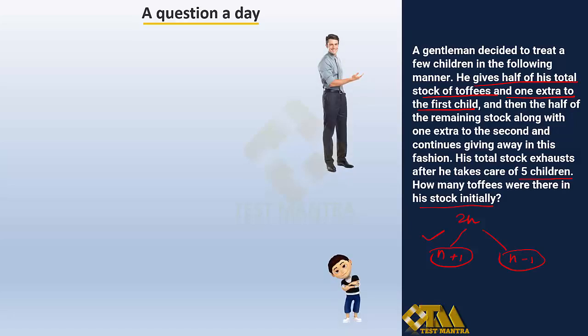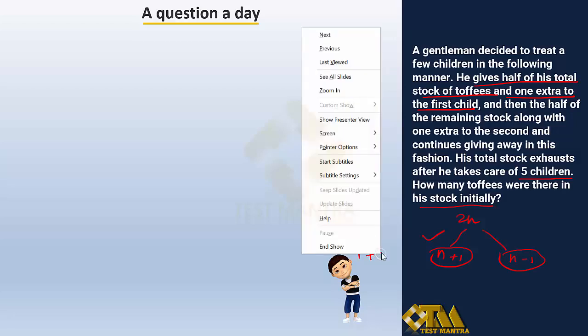Here, according to this case, this person is providing half of his chocolates to this boy, and one more. So that represents he was supposed to have 2 chocolates left. Out of these 2 chocolates, he will provide him 1 chocolate plus 1 extra.